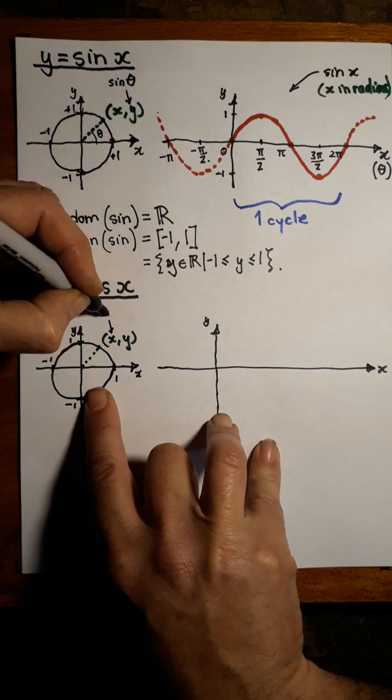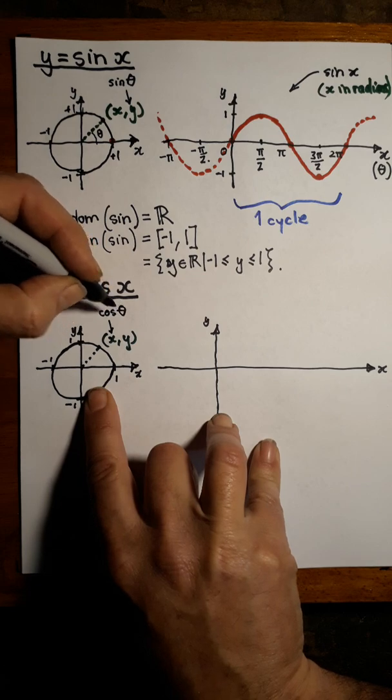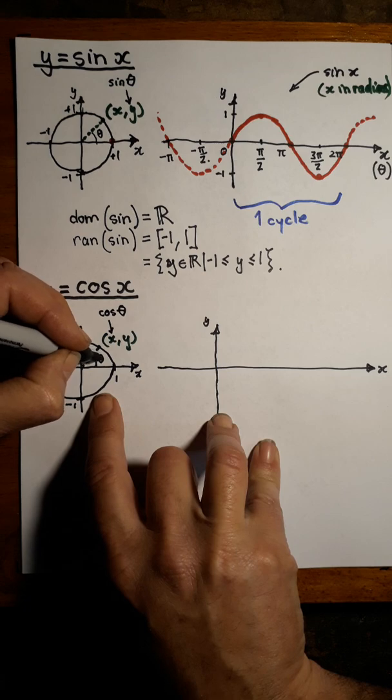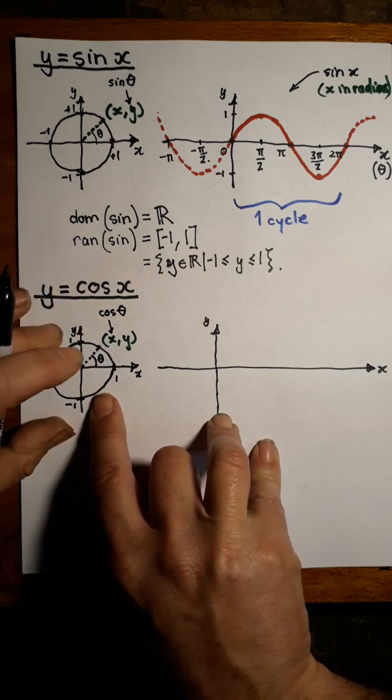So this will be cos theta, and theta of course is the angle off of the positive x-axis.